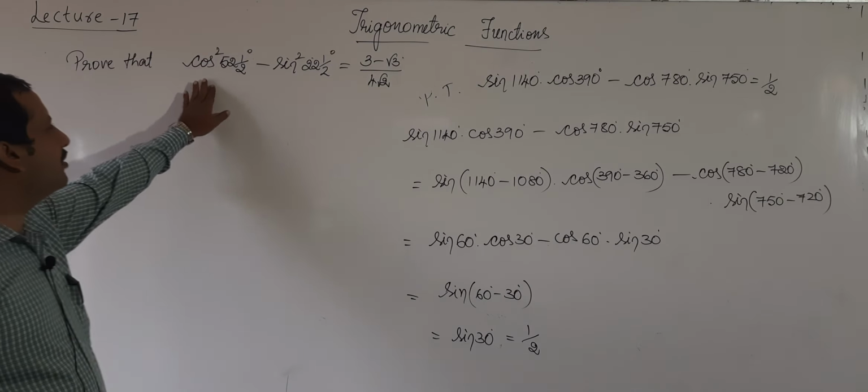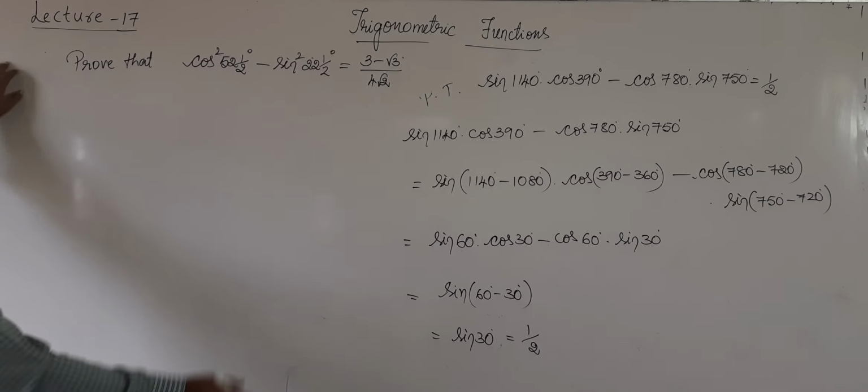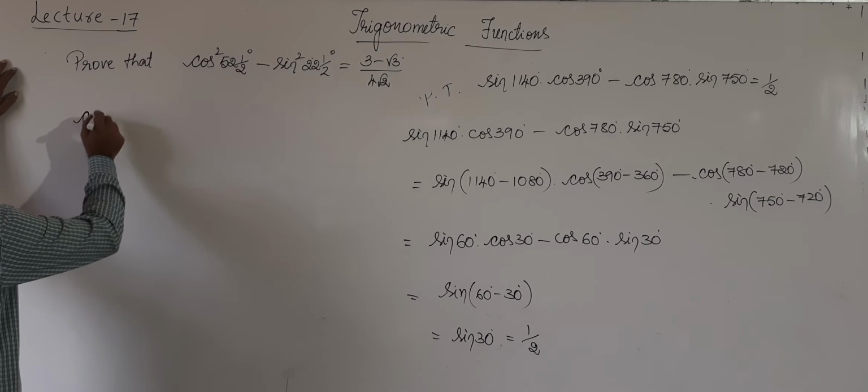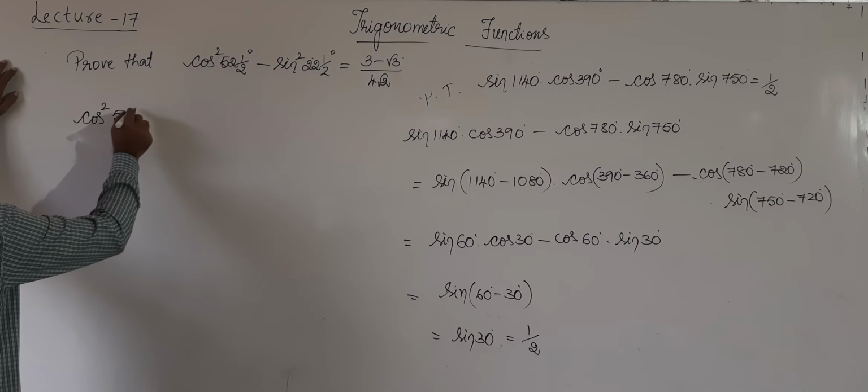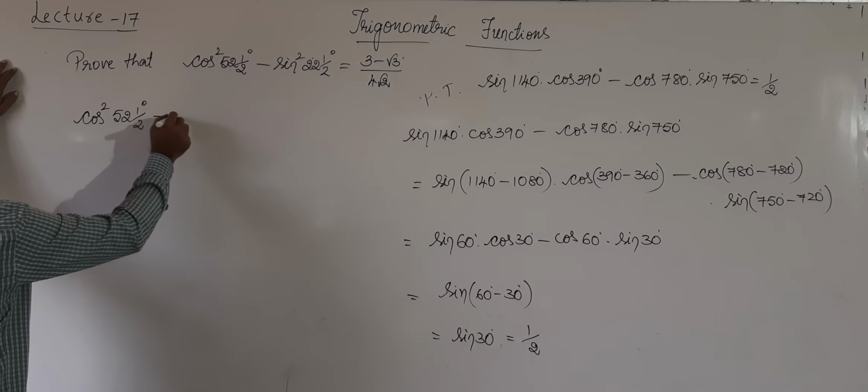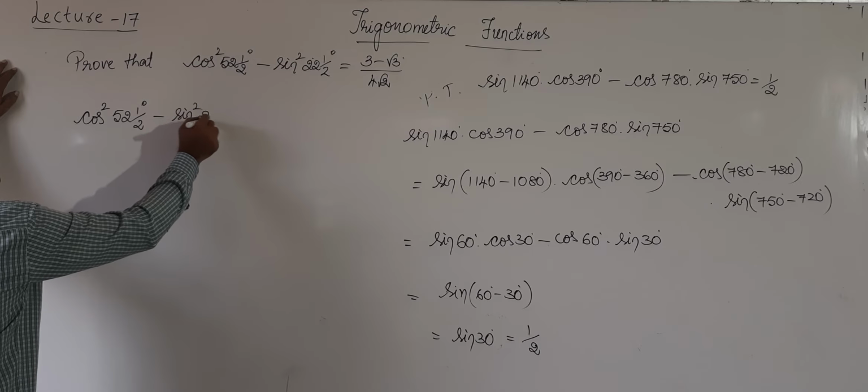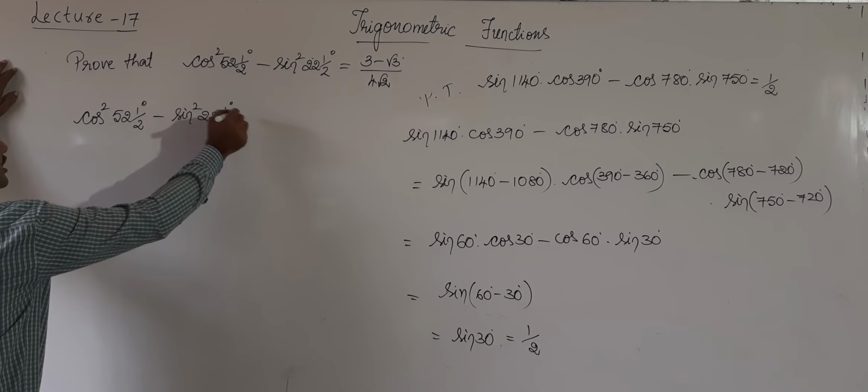Cos square 52.5 degree minus sin square 22.5 degree.